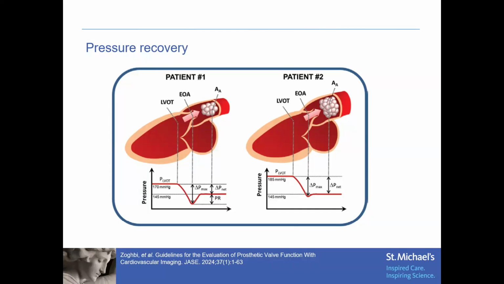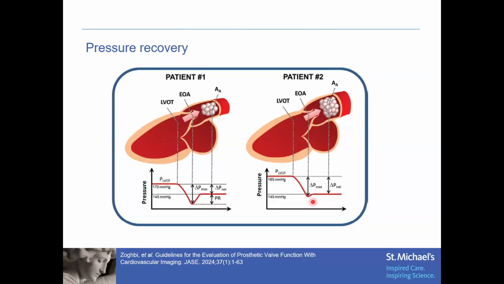And so this becomes really important because when we use Doppler, we're actually just using the fastest jet across the valve itself. So when you have pressure recovery in small aortas, we tend to overestimate with Doppler signals, because what we're looking at is this gradient in the middle here with Doppler assessments.